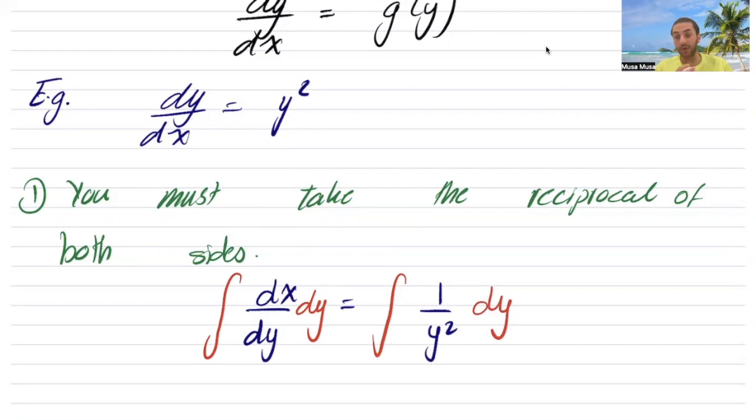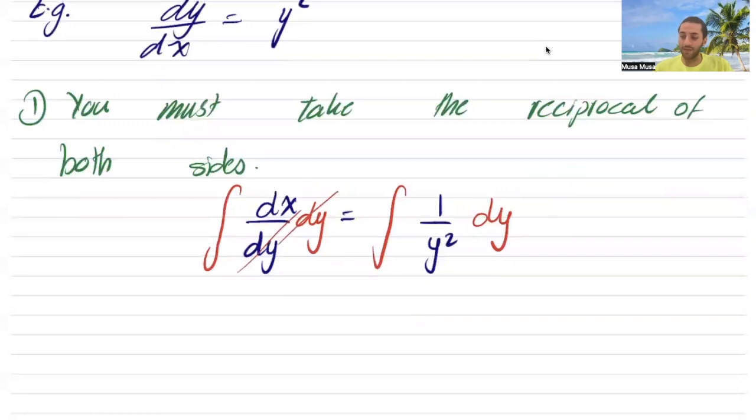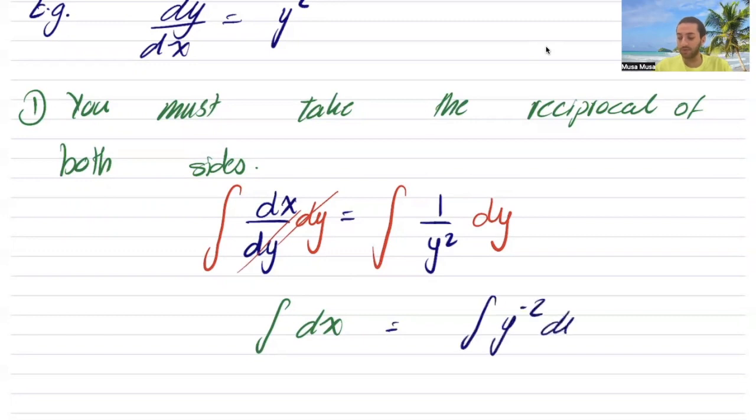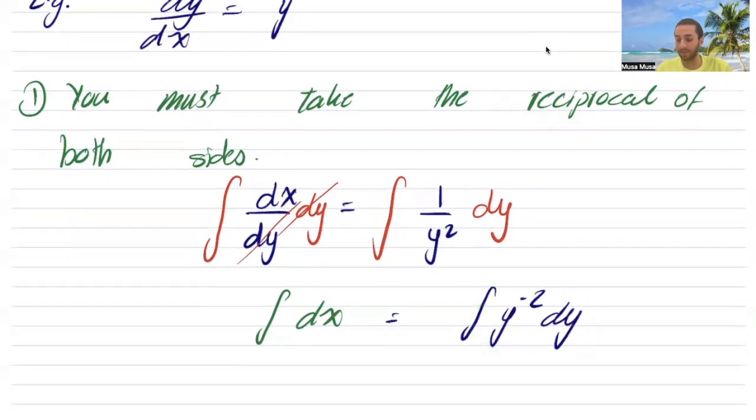What happens is this dy and this dy cancel, and effectively, even though this is poor notation, it's a good way of thinking about it, this becomes the integral of dx, and the other side becomes an easy breezy question, the integral of y to the minus 2 with respect to y, which I can evaluate.